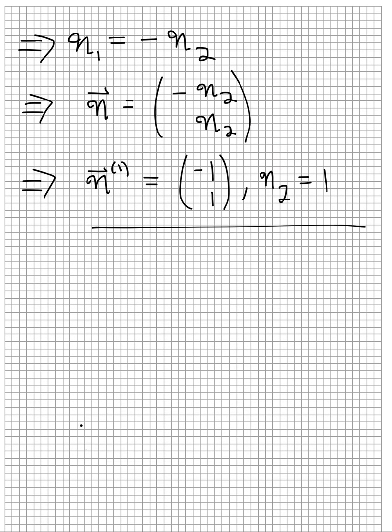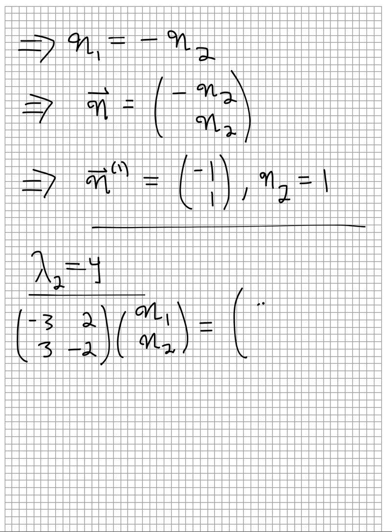Now let's do the second eigenvector. So that'll be for the case where lambda 2 equals 4. Solving this one, we end up with the matrix -3, 2, 3, -2, multiplied by nu1, nu2, which equals our 0 vector, as before.